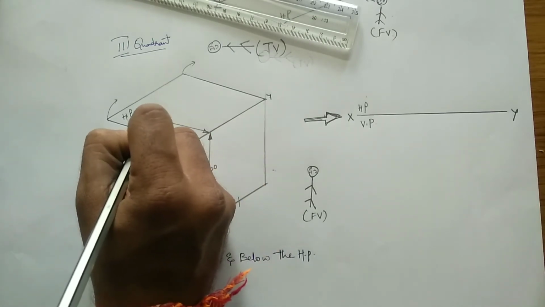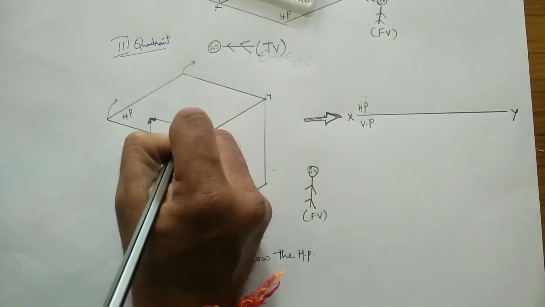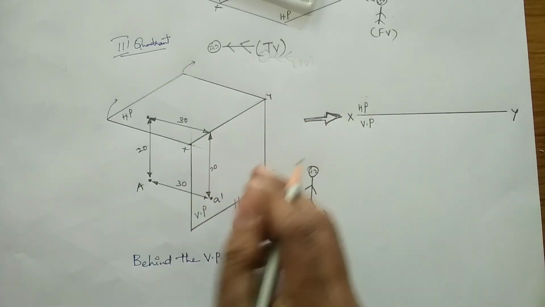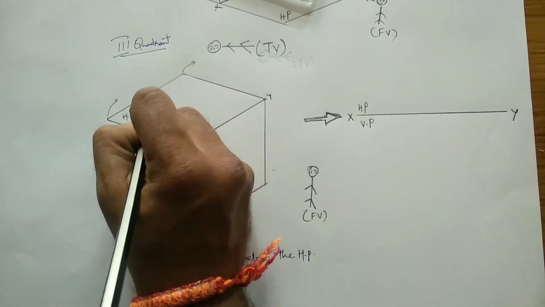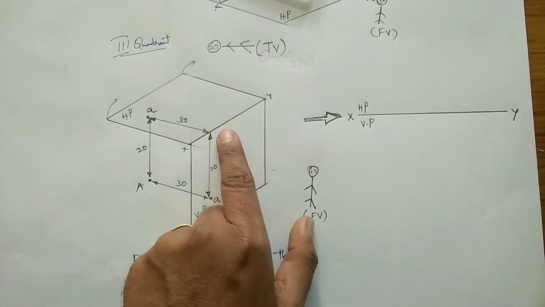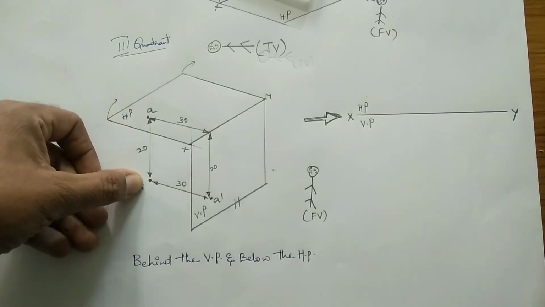With respect to the reference line, we have to mark it. So this point is 30 mm behind the reference plane, that is, behind the vertical plane. Once again I will repeat, students. When he sees from the front view, it is 20 mm below the horizontal plane.